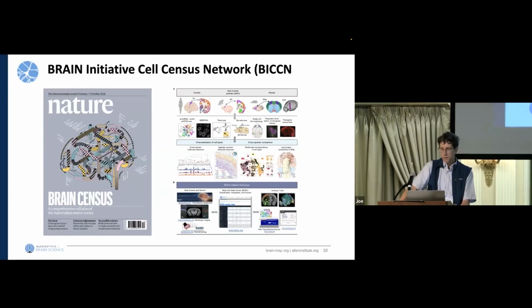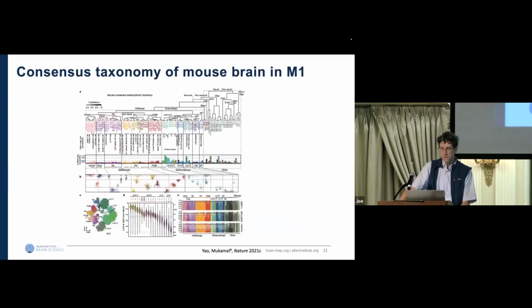We're now about ready to release a very deep dive into all of the basal ganglia. In essence, you derive these consensus taxonomies, and they're often represented hierarchically, as I've shown here with these dendrograms.